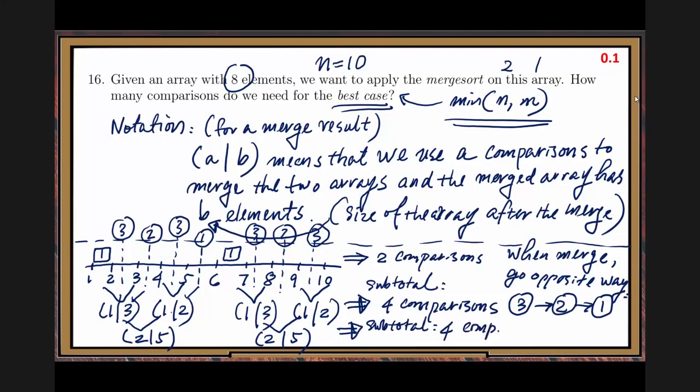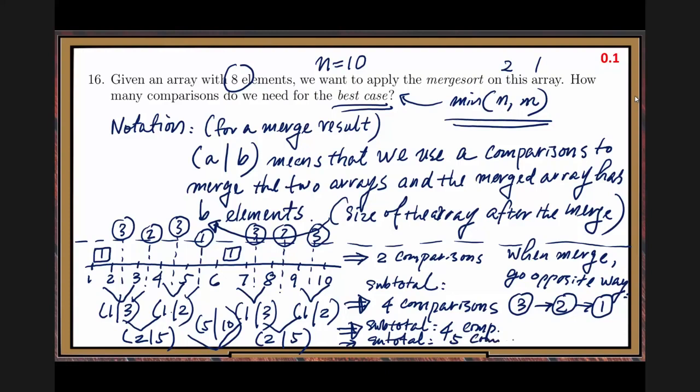Then the last round. 5, 10. 5 minimum, array size 10. So the subtotal for the last round, 5 comparisons.